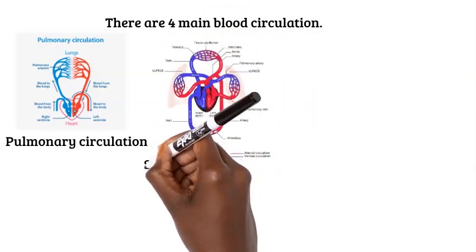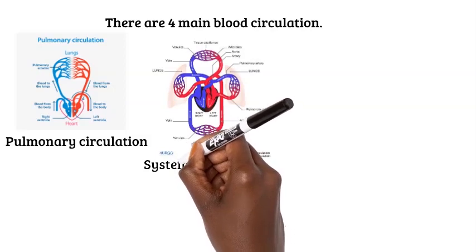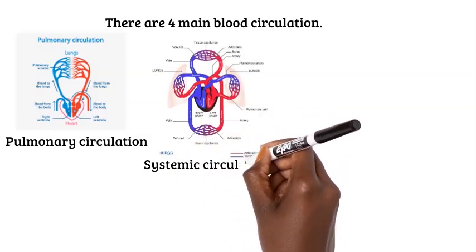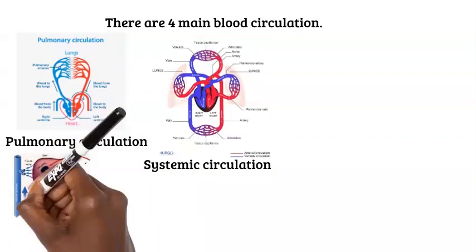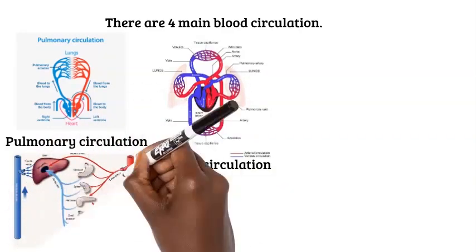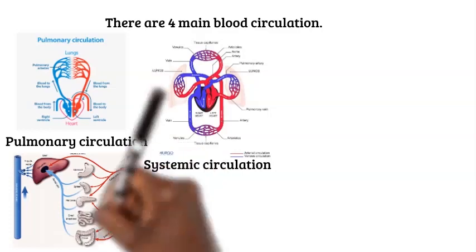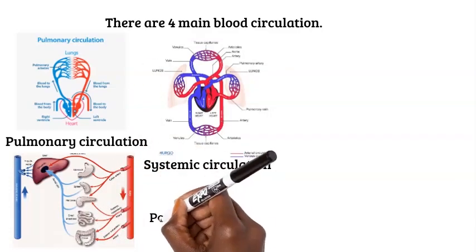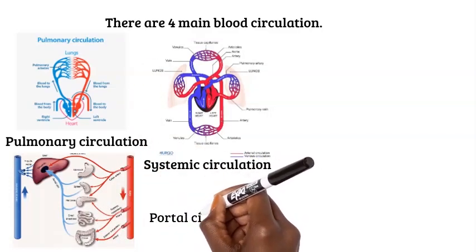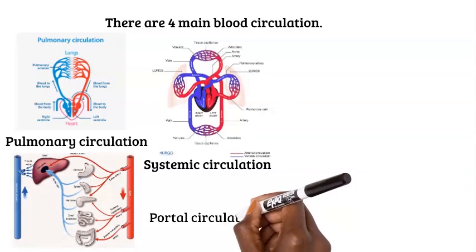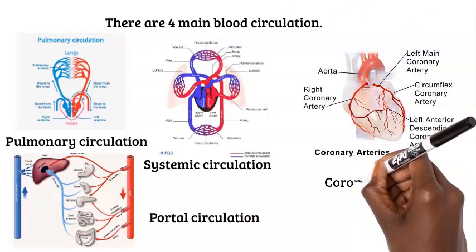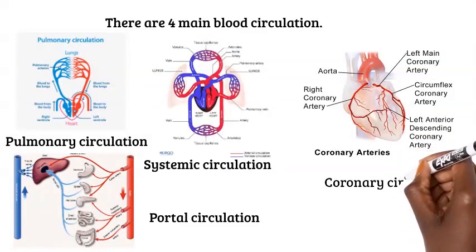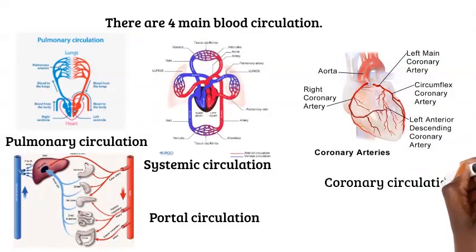Then we have the systemic circulation, which is the circulation between the left and the right heart. We also have the portal circulation, which is the circulation between veins. And lastly, but not the least, we have the coronary circulation, which is the circulation of the heart.